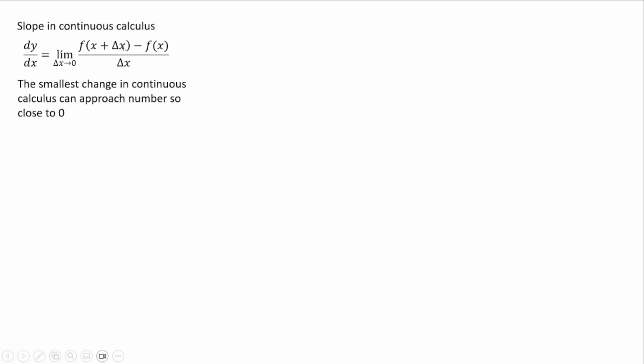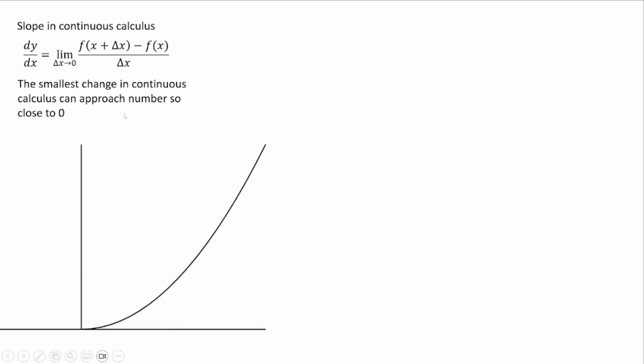We will then look at similarities between calculus and discrete calculus. In continuous calculus, we have the slope, which is dy by dx, defined as the limit as delta x goes to 0 of f of x plus delta x minus f of x over delta x, which is the change in output relative to the change in input as the change in input approaches 0.